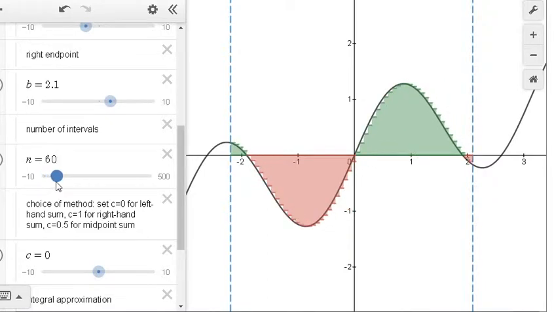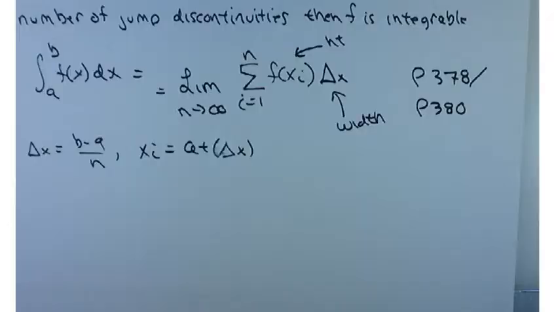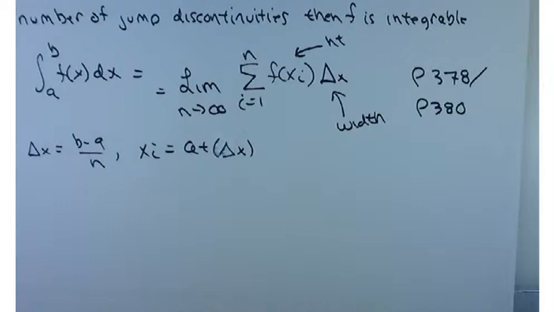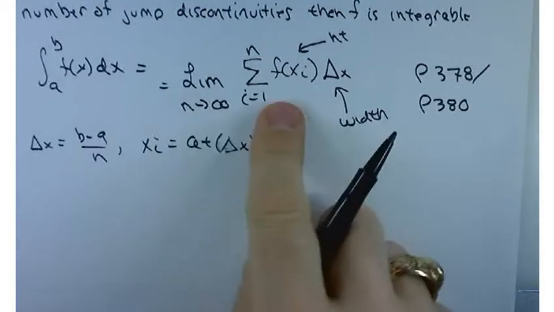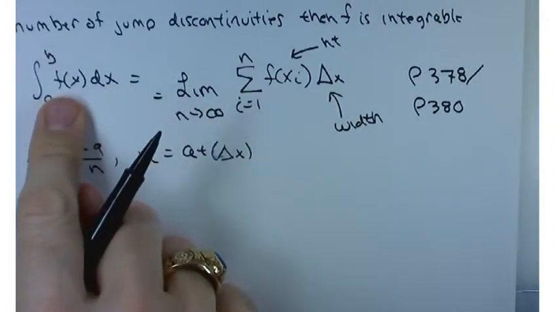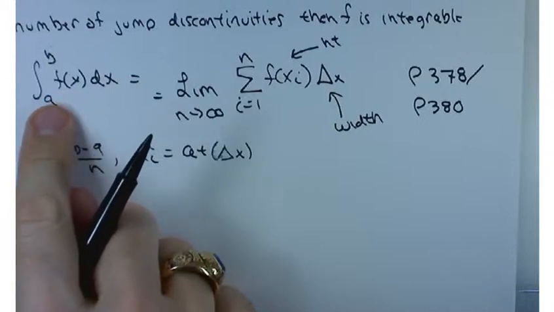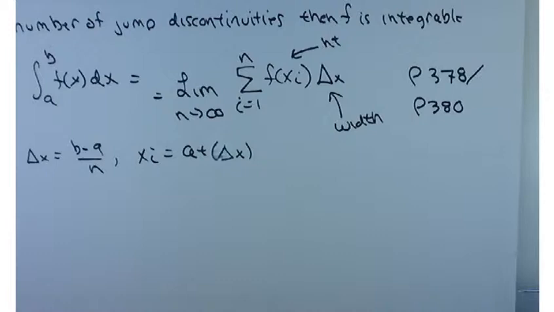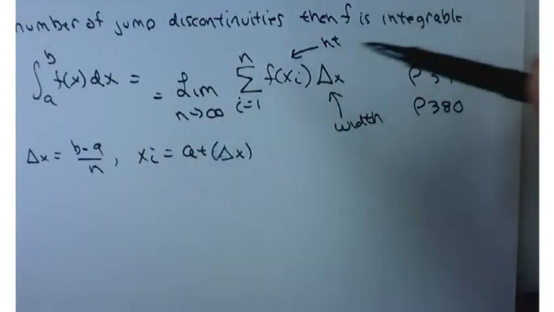As you increase more and more rectangles, that's a better and better approximation to the area underneath the curve. So nice. That's what we're doing. You're taking the limit as n approaches infinity. As the number of rectangles gets bigger and bigger, that eventually gets to the area. And we're going to define that area as the integral from a to b of f of x dx. That's our area, and that's what we're going to be working on finding.